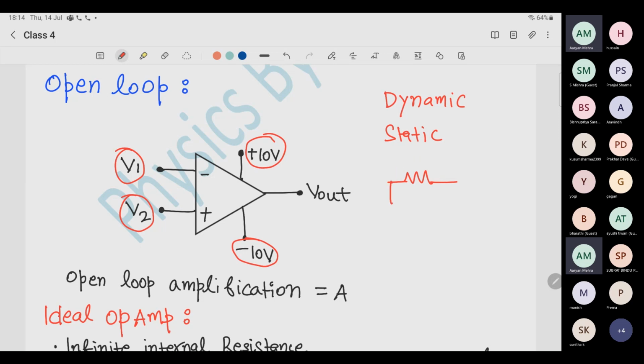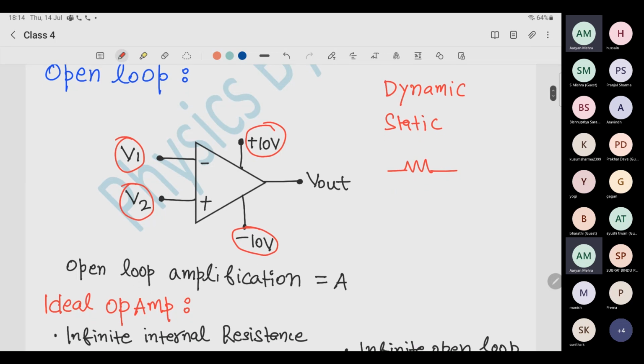Whenever you apply a battery, this resistor will apply resistance to the current. You do not need any additional voltage for this resistor to work. These kinds of elements are called static. Similarly, capacitor and inductor are static elements.